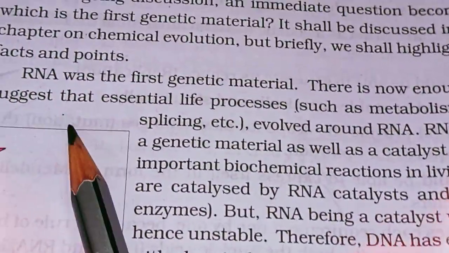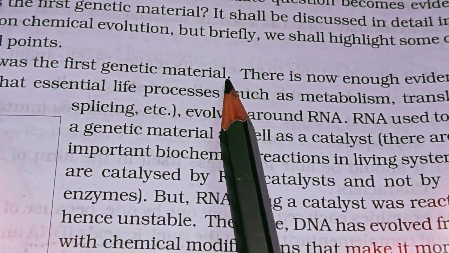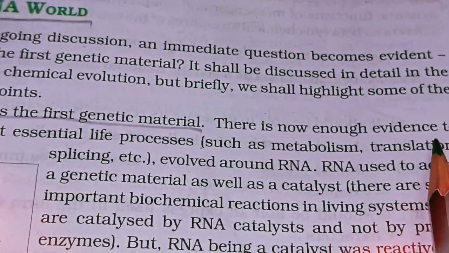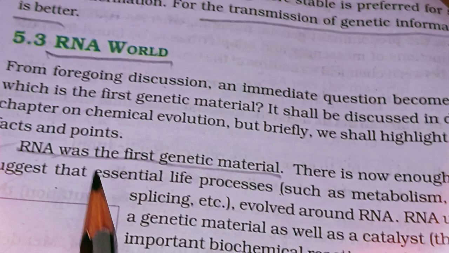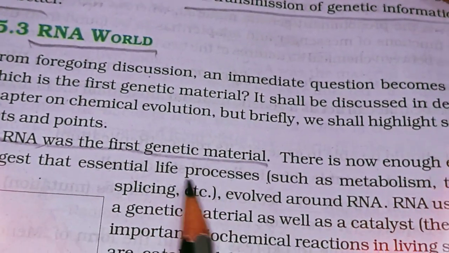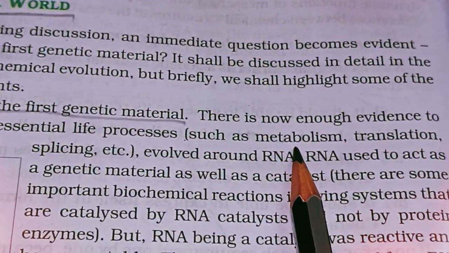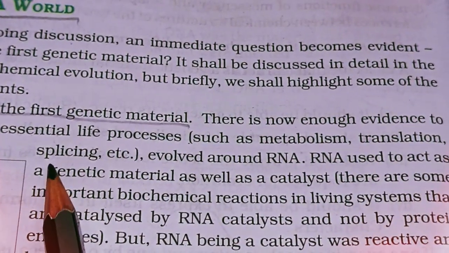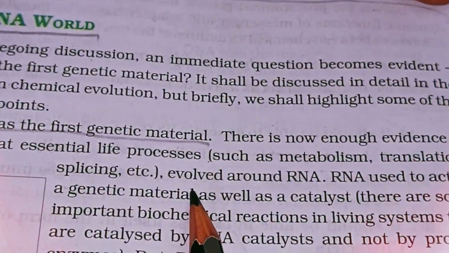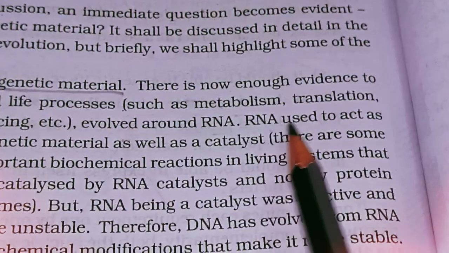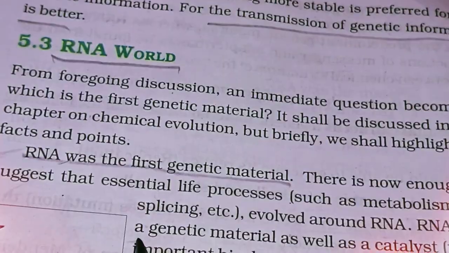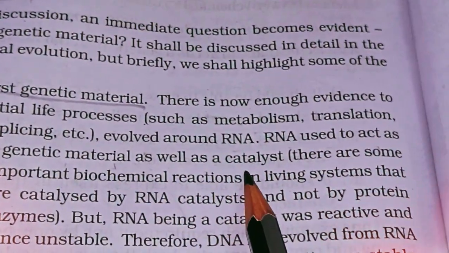RNA was the first genetic material, and there is now enough evidence to suggest that essential life processes such as metabolism, translation, splicing, etc. evolve around RNA. RNA used to act as a genetic material as well as a catalyst.